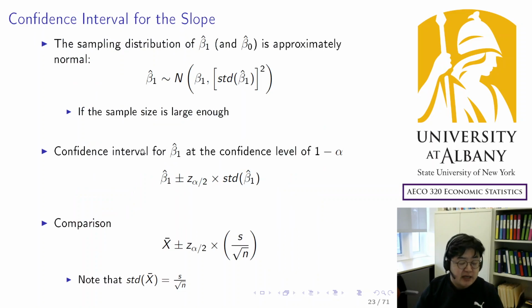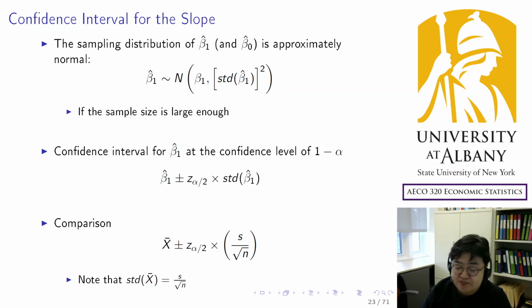Okay, then the next step is the confidence interval, the second part of chapter 8. To understand the confidence interval, we need to think about the sampling distribution. And as usual, we are going to invoke the central limit theorem.